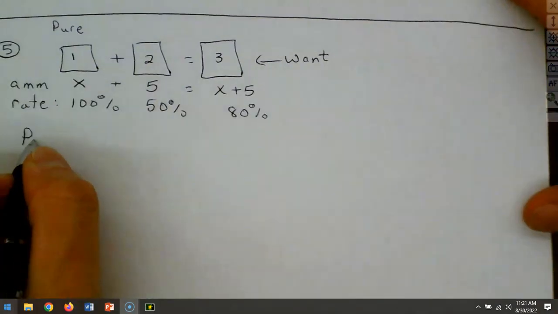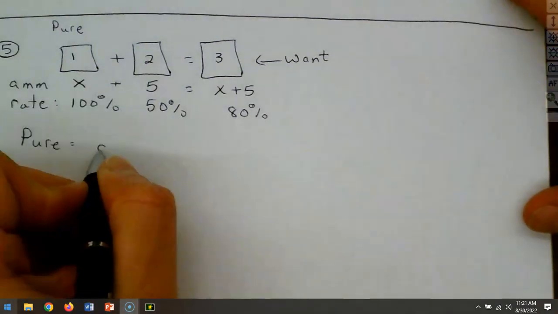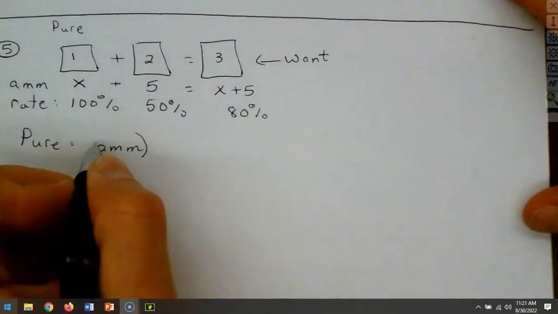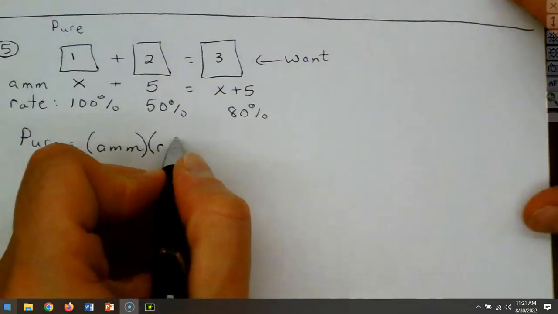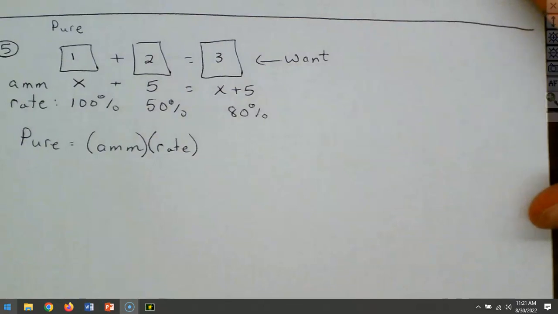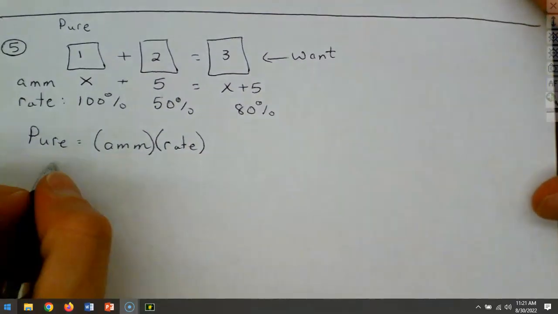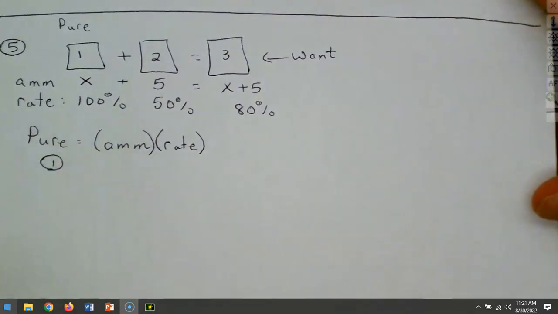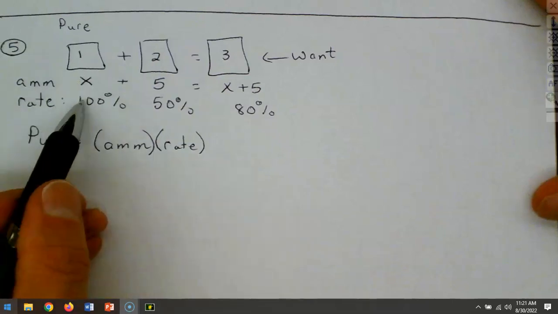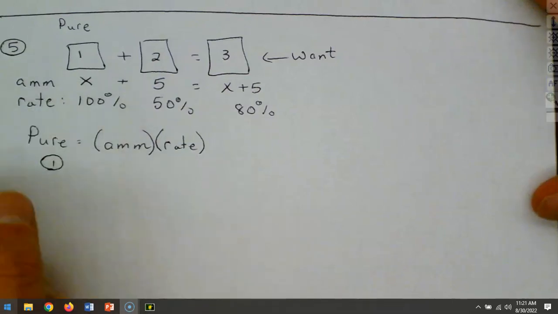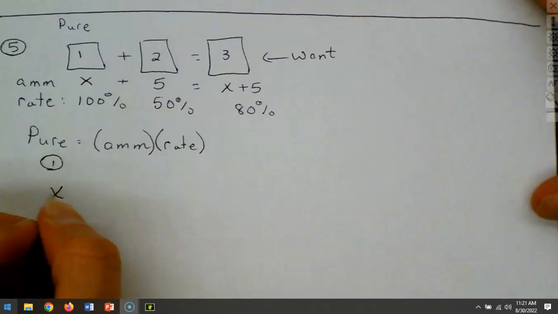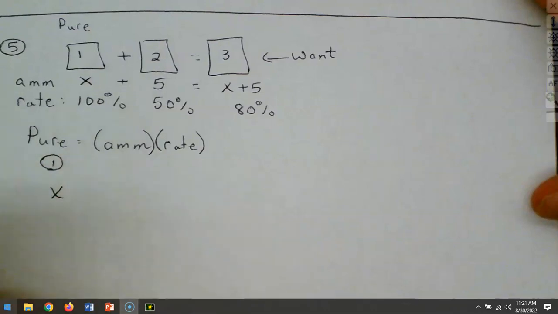So the pure is the amount, again, times the rate. So 100% is 1. So that's going to be 100% times X. So that's just 1X or just an X. You could write the 1X if you wanted, but you really don't need to.